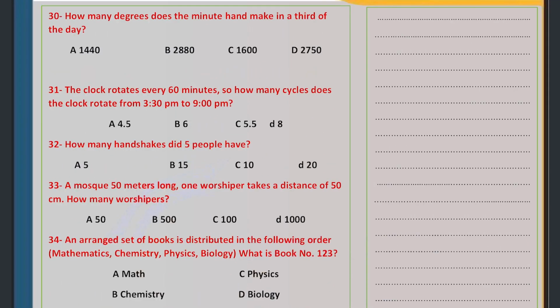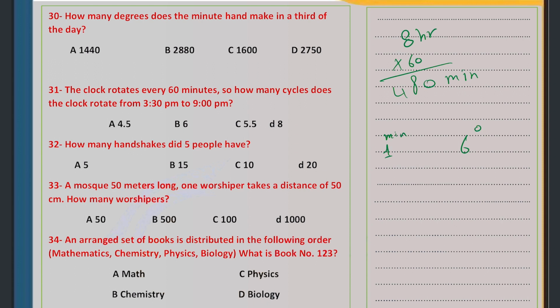How many degrees does the minute hand move in a third of the day? Okay. A third of the day is 8 hours. Each hour equals 60 minutes, so 6 times 8 is 48, so we have 480 minutes. I told you that 1 minute equals 6 degrees.